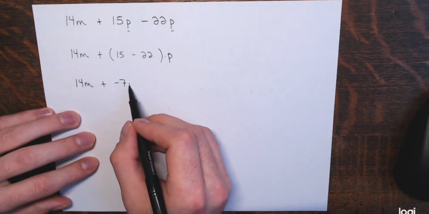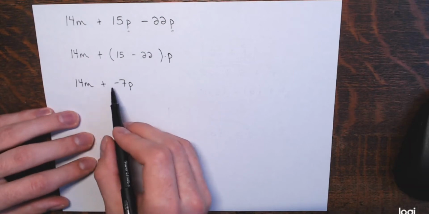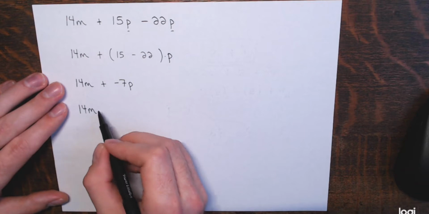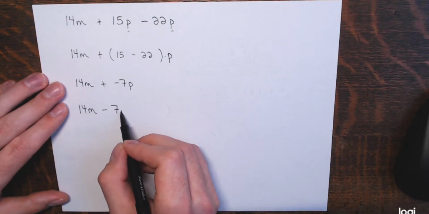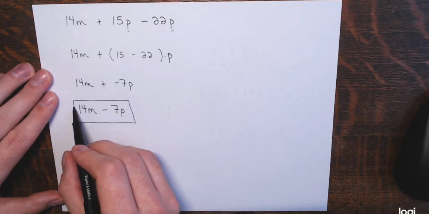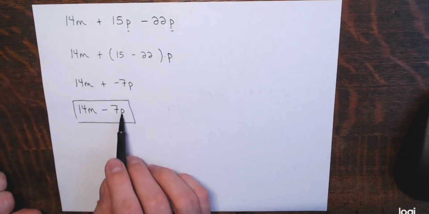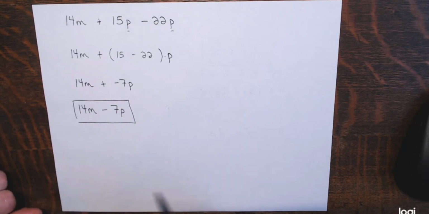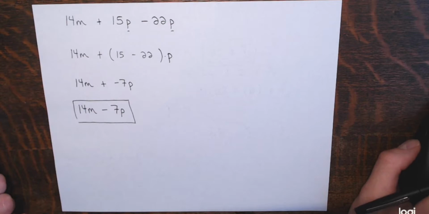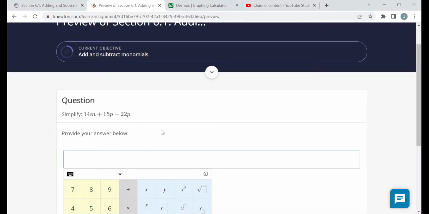Now, nobody usually writes this plus a negative. Remember, plus a negative is just subtraction. So this is 14m minus 7p. And this is as simple as this would get, because these are not like terms. They have different variables. To the same power, sure, but they're not the same variable. So that's it, 14m minus 7p.